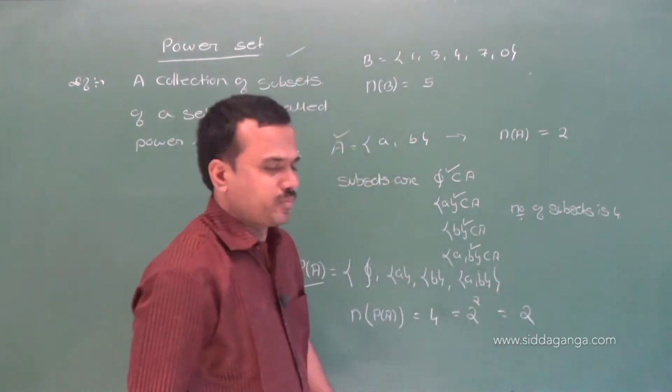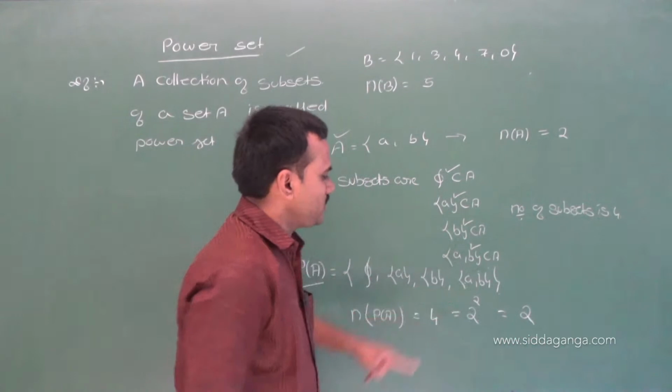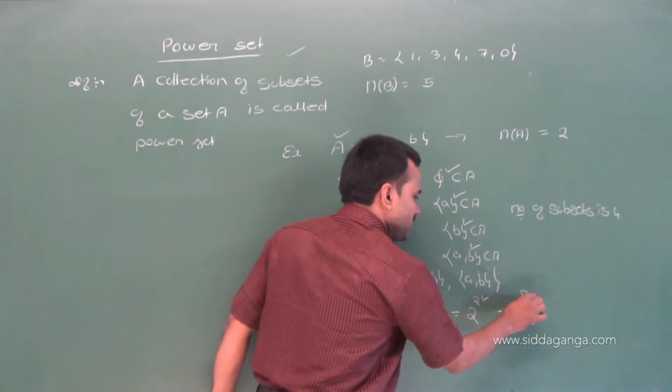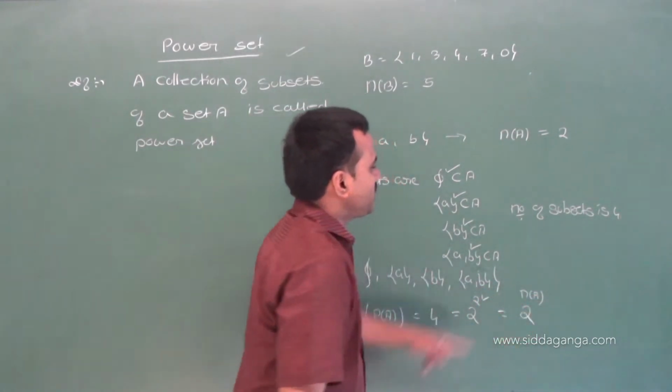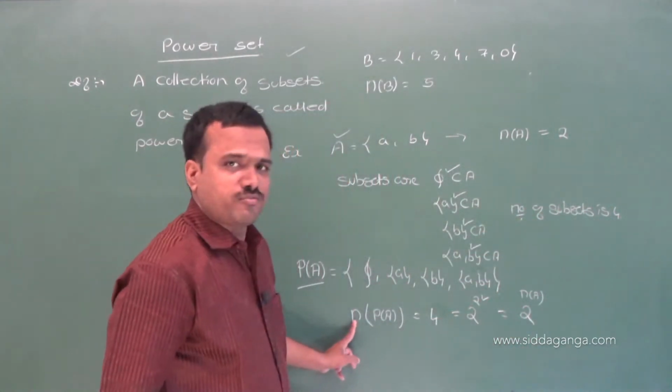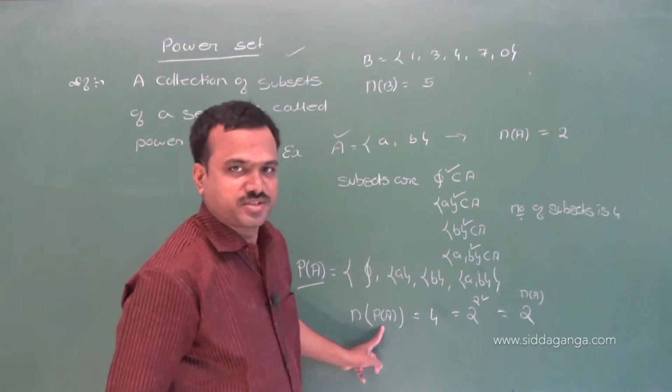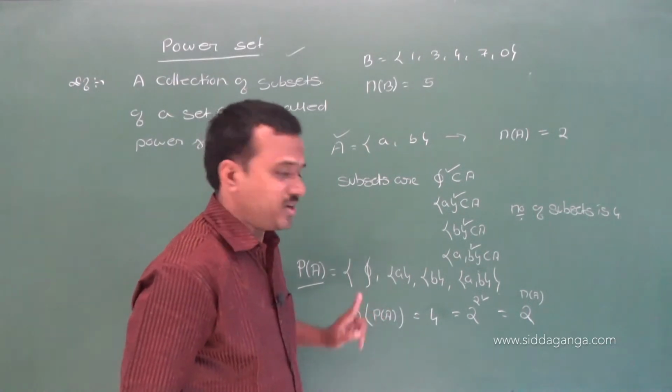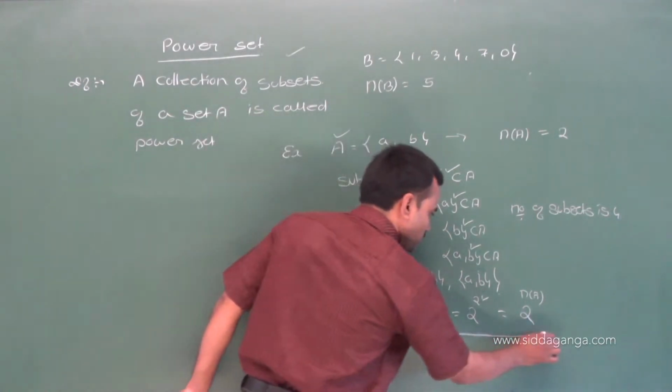2 into 2. This 2 I can write as n of A. Observe here. n of A is equal to what? 2. So number of elements. This is very important. Observe carefully.